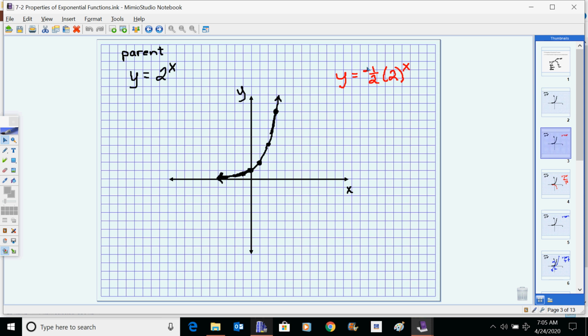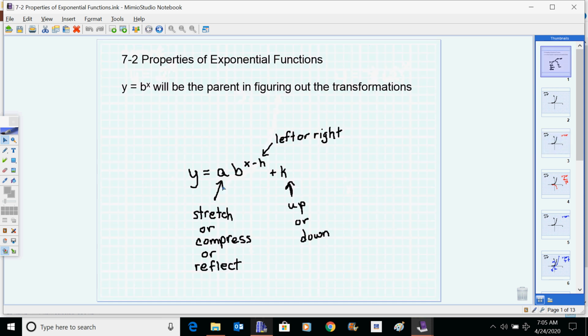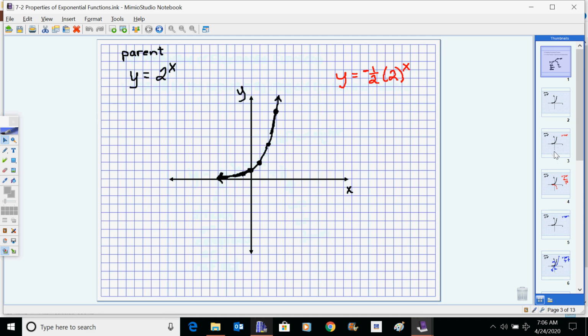Okay, let's say we want to do negative 1/2. This would be right here. If we have a negative 1/2 here, it's going to compress just like normal, and the negative will tell us that it's going to reflect.